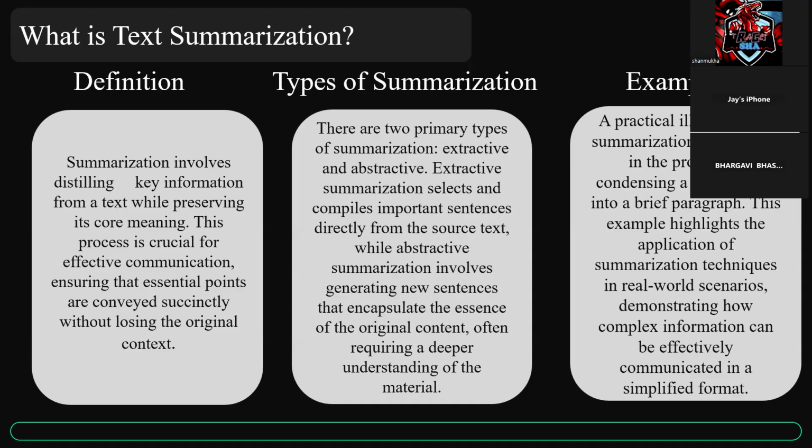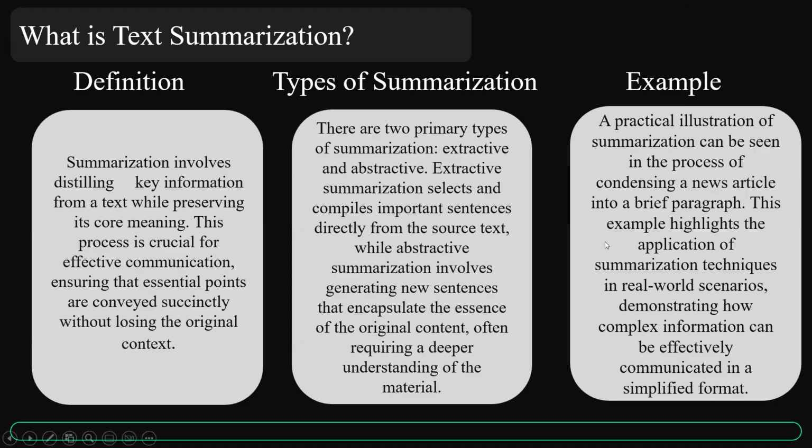There are two primary types of summarization, extractive and abstractive. Extractive summarization selects and compiles important sentences directly from the source text, while abstractive summarization involves generating new sentences, adding some more topics and points to the existing points.